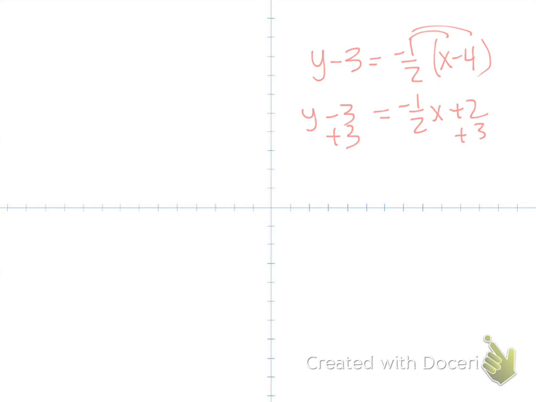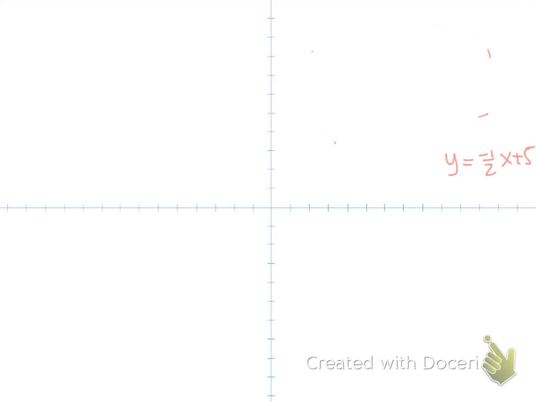We have to add 3 over here. Don't add it to the x, add it to the constant. We get negative 1/2 x plus 5. So that's going to start at 5 on my y-axis: 1, 2, 3, 4, 5. And it's going to go down 1. To keep it negative, I have to go right 2. Or I could go up 1, that's positive, but I need it to be negative, so I need to go left 2.